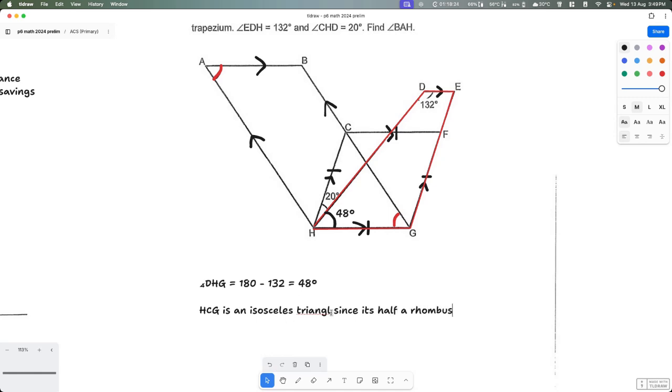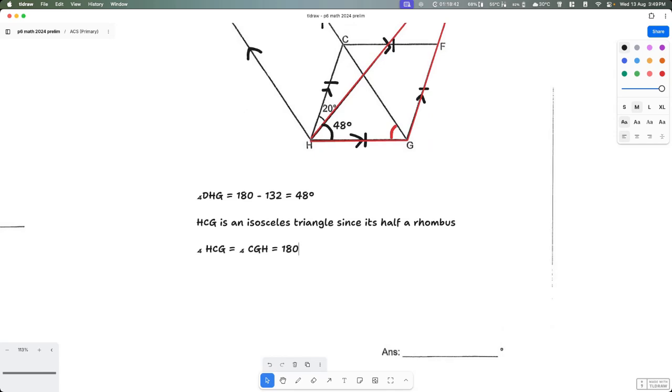That means angle HCG is equal to angle CGH, which is 180 minus, so we need to bracket this, 180 minus 20 minus 48, and then we divide by 2.